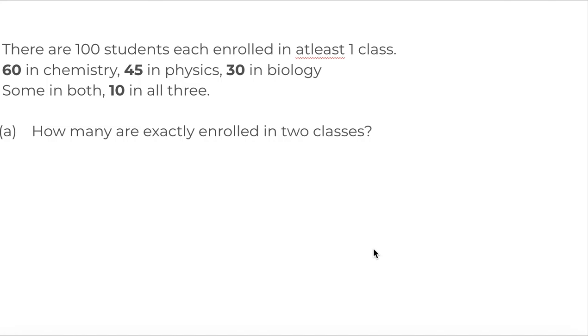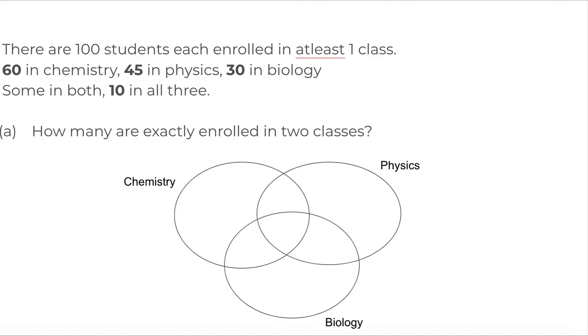That is not enrolled in all of them or in one or none, but exactly two classes, right? So we first start with depicting the Venn diagram, that is chemistry, physics, and biology, right? And we know that there are 10 in all three of them, so this region is all of them. This is the region which has chemistry and physics, chemistry and biology, physics and biology.